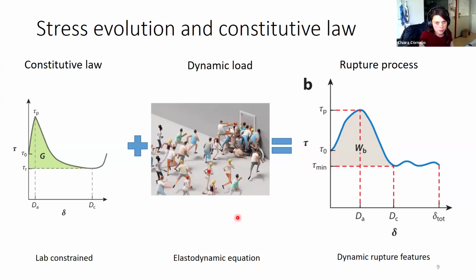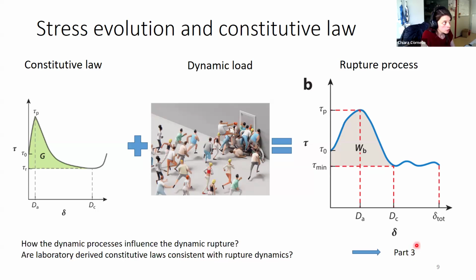And to have the dynamic loading, we have to resolve the elastodynamic equation. So in this way, we are able to study the features of the rupture that is going to propagate. So in the third part of the presentation, what we will do is to study the influence of the dynamic processes and how the constitutive law that we are choosing can have an influence on the rupture features.